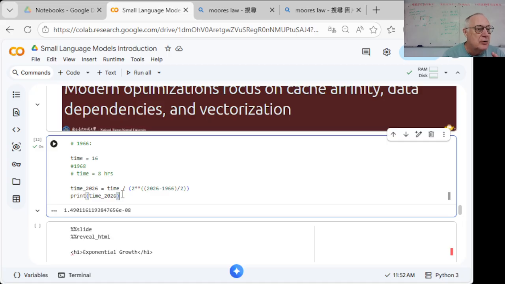So that would be 1.4 times 10 to the minus 8 hours, right?